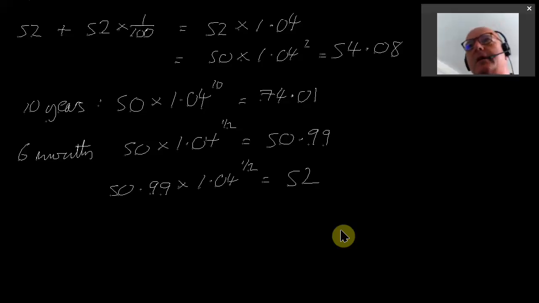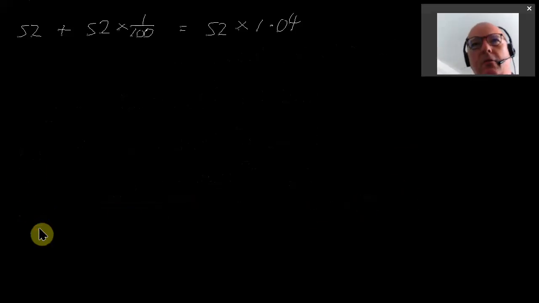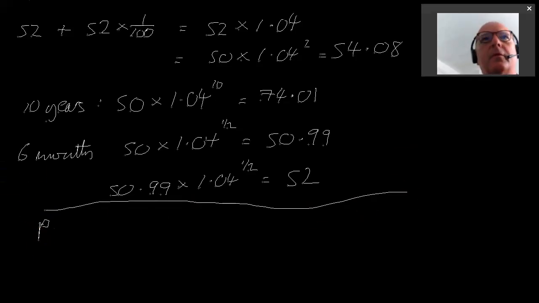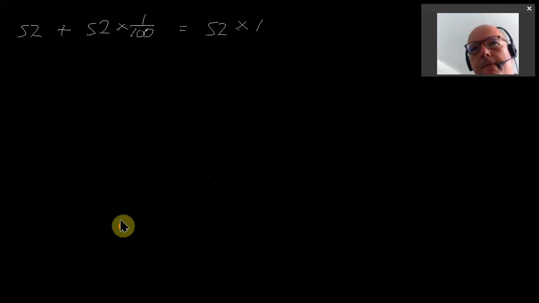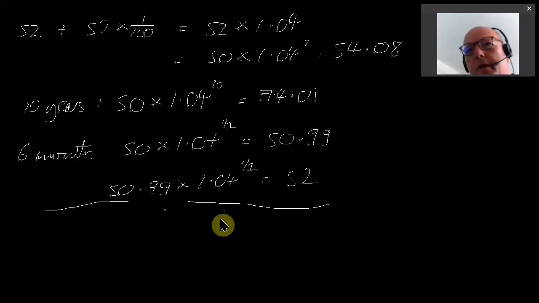So we need to know how much money we put in the bank now in order to have that amount in the future. That is a concept we call present value, which we usually just write as PV.